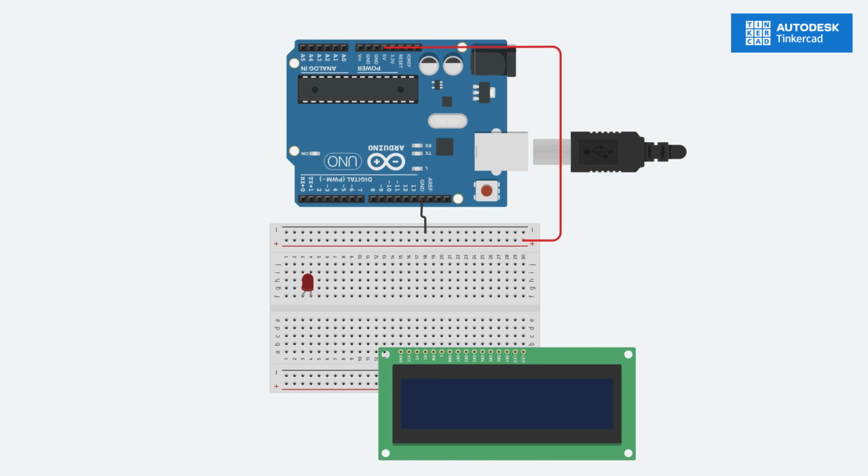After that, you can add both of the LEDs, which will be lit up when you press the buttons. These are connected to 4 and 5 on the Arduino. Then you need to connect the cathode of the LEDs to ground using a resistor.